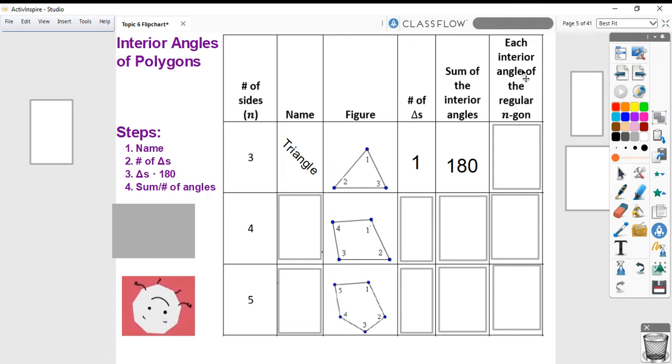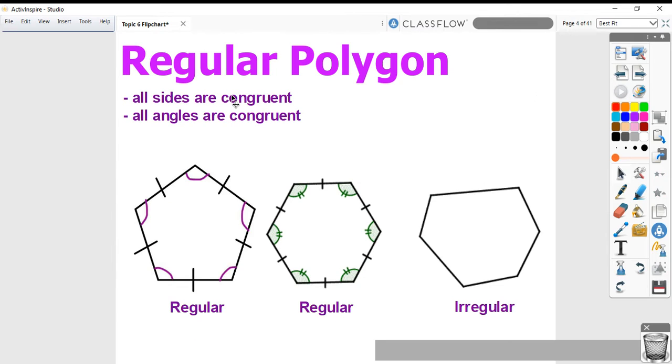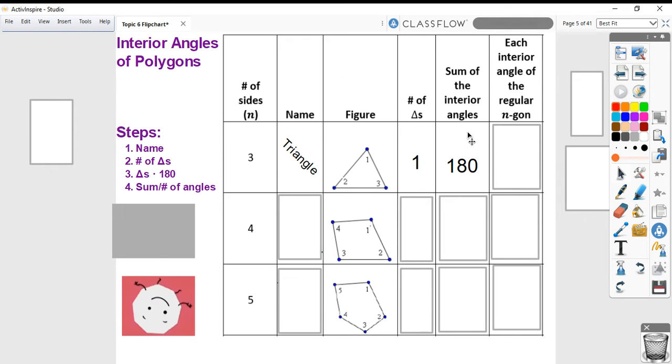Now, this last column is a little bit unusual. It's asking for the measure of each interior angle of the regular version of this polygon. The regular version of a triangle, think about this. We have to think back to our definition of regular. It means that all the sides are congruent and all the angles are congruent. We know that no matter what the angle sizes are, they always add up to 180 in every single triangle.